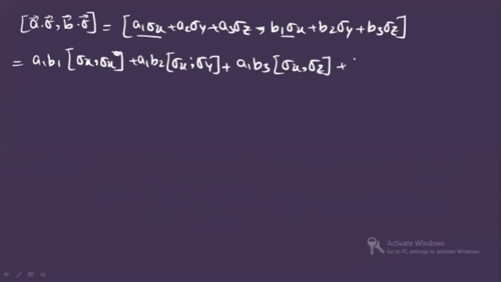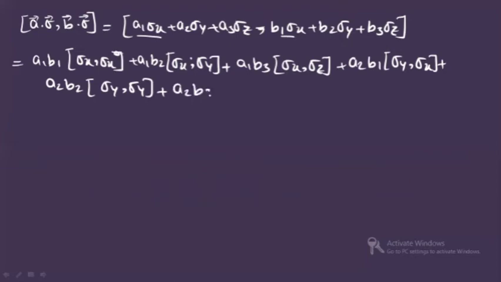Similarly you will do the second term. You will have A2 and B1 outside this time, and within the bracket you will have σy σx. Plus A2 B2, and you will have σy comma σy. Plus A2 B3, you will have σy comma σz.